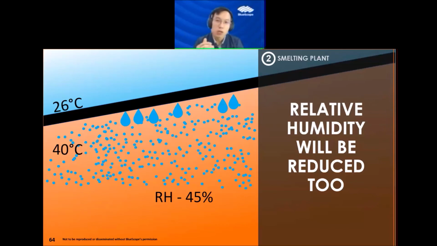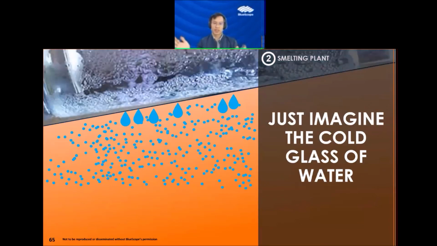All right. So if you don't understand or cannot imagine it, then just imagine an upside down cup of cold water: on the top, the external surface is colder, and the internal surface is the warmer, hotter environment, and then you will be able to remember. All right, hotter inside, colder outside, then you have some chance of condensation.